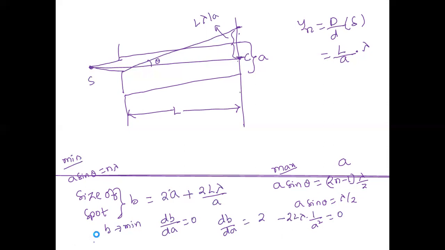So 2 minus 2L lambda by A square equals 0. So A square must be equal to L lambda, so A equals under root L lambda.